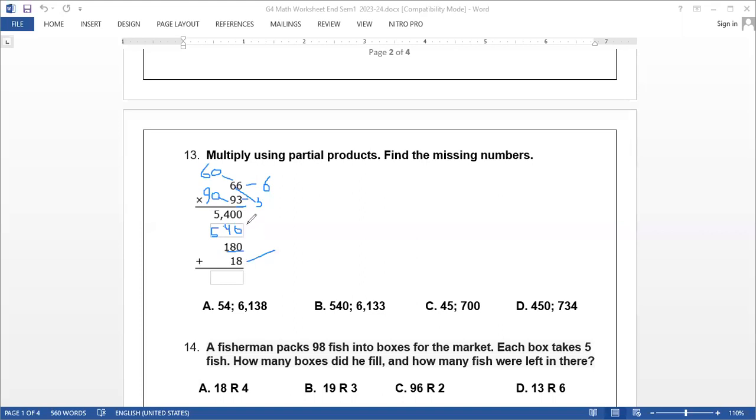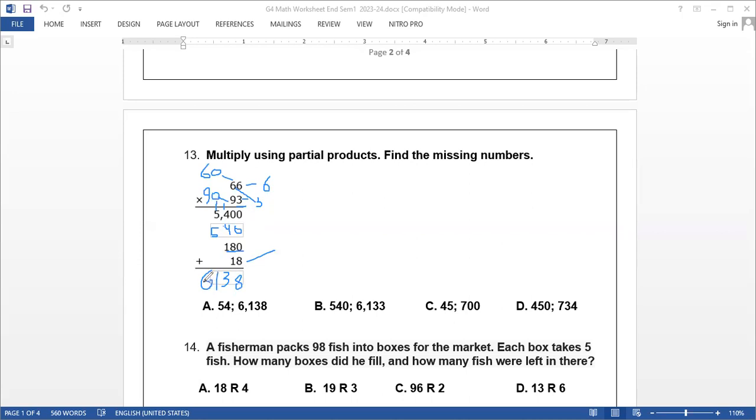Now we add them. 0 plus 0 plus 0 plus 8, 8. 0 plus 4 plus 8 plus 1. 1 plus 8 equals 9 plus 4, 13. 1 plus 4, 5 plus 5, 10. Plus 1, 11. Now 1 plus 5 equals 6.